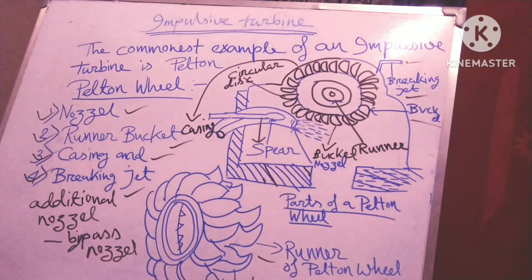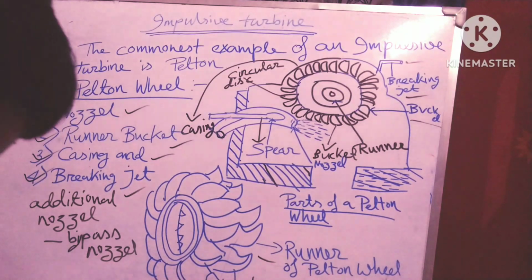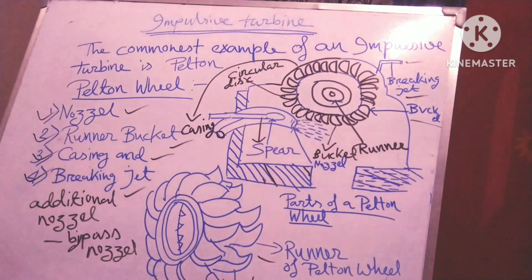It has been observed that the runner goes on revolving for a considerable time due to inertia before it comes to rest. In order to bring the runner to rest in a short time, a small nozzle is provided in such a way that it directs a jet of water on the back of the buckets. It acts as a brake for reducing the speed of the runner.